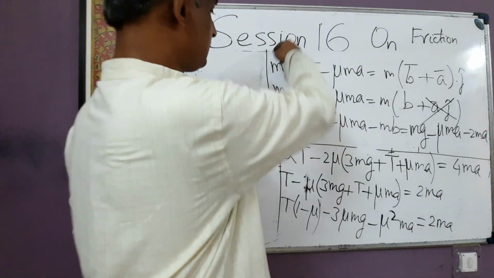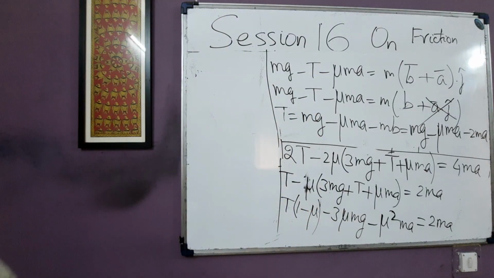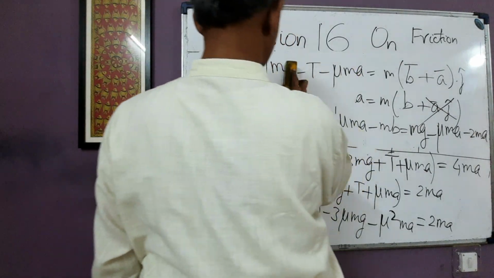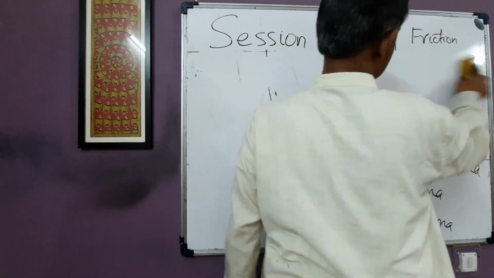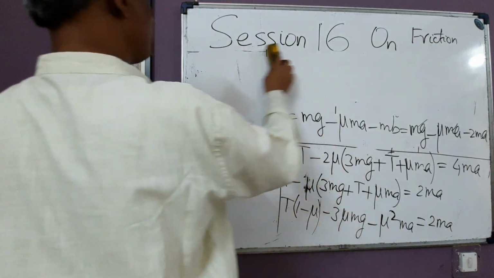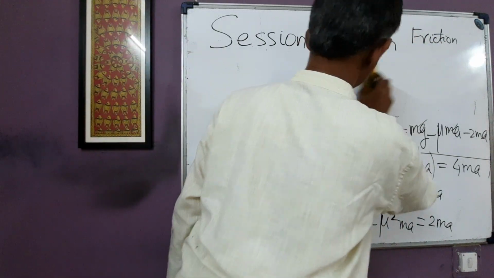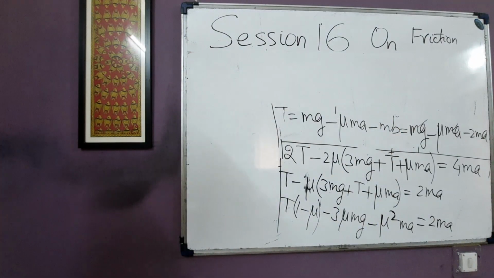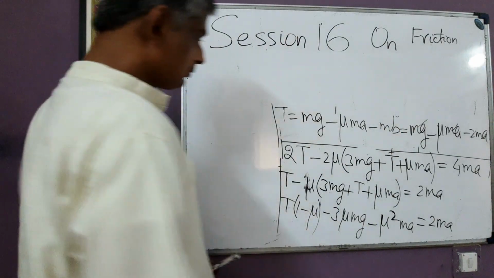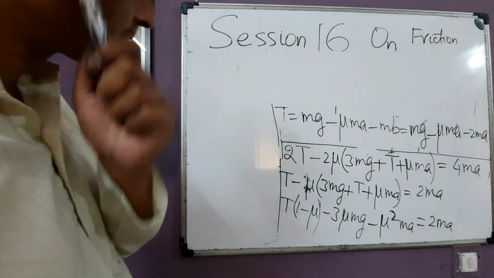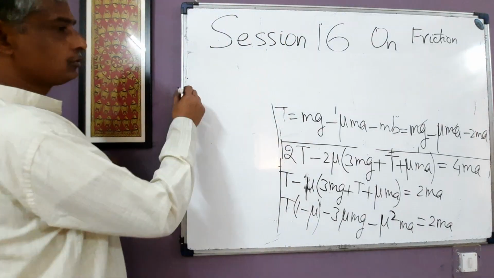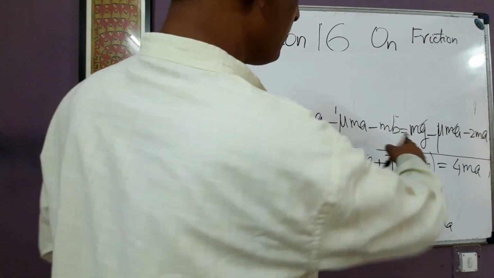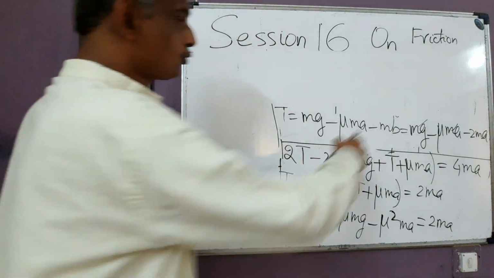Now what I do, I rub these first two equations to get more space. So now T is how much? Now this T I substitute here. T is equal to mg minus mu ma minus 2mb.